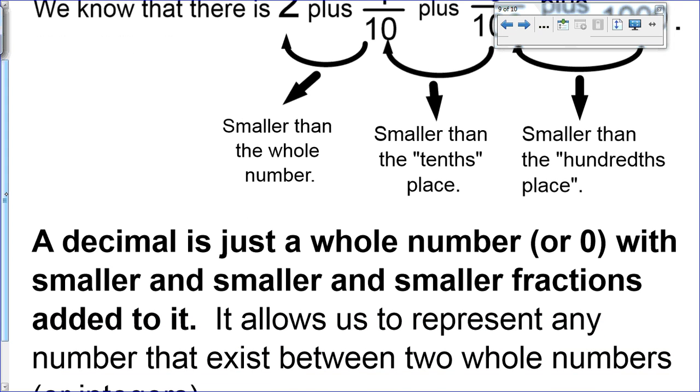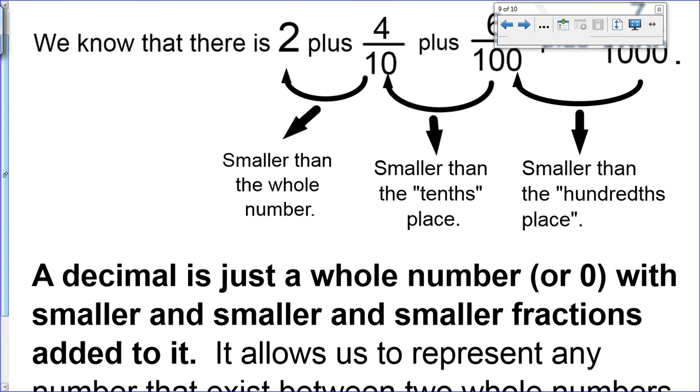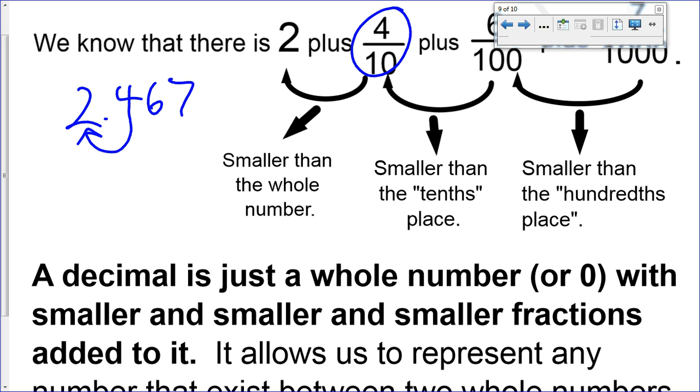So this slide is just to say we've kind of already been over this. The 4/10 is smaller than the whole number for sure. Even if the whole number was 1, it would be smaller. There's no way this number, 2.467, can ever be larger than this number.